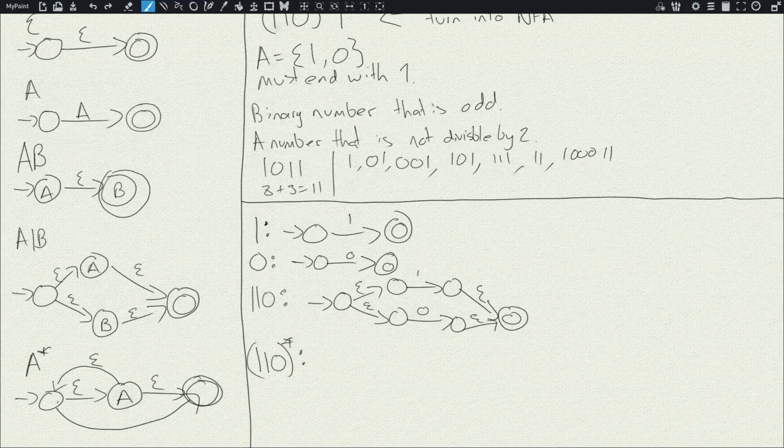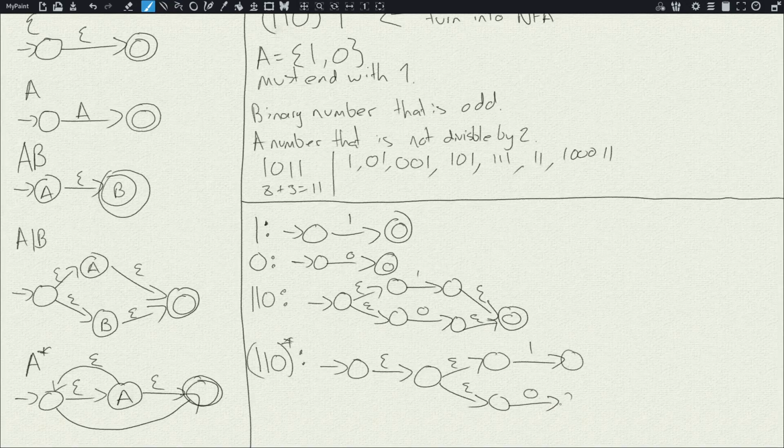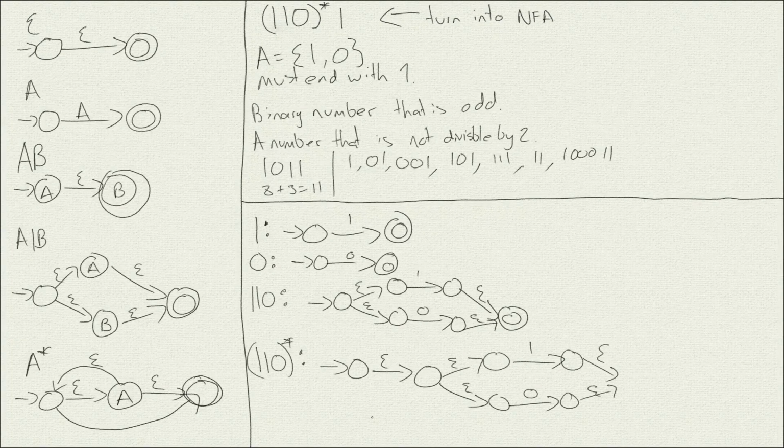And then we're just going to use the little pattern for A star, which is starting state epsilon followed by this whole pattern, epsilon, 1, 0. And remember, epsilon is just the empty character, so it's basically nothing.